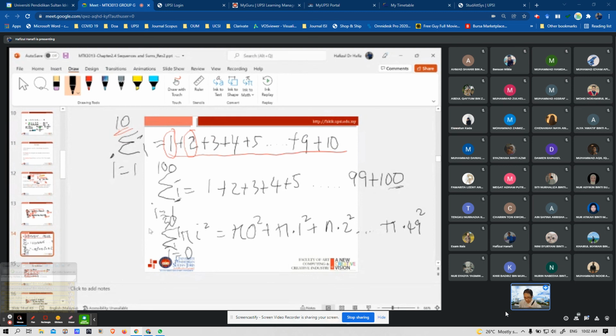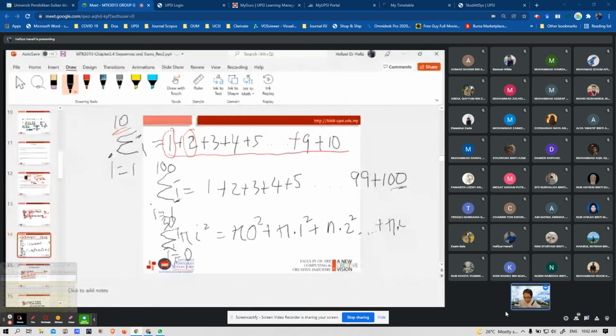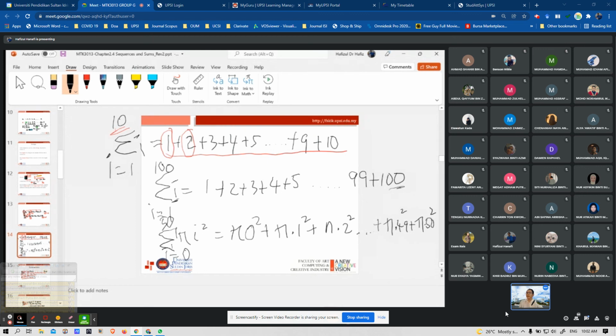Finally we have plus pi 49 squared plus pi 50 squared, equal to this top boundary.